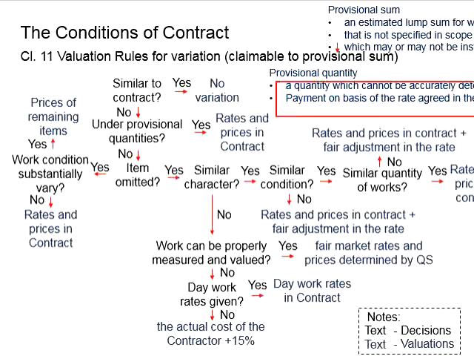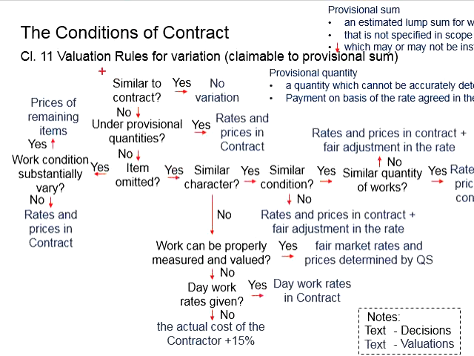The payment should be on the basis of the rates agreed in the contract, multiplied with the total quantity which is actually executed. If the relevant work is of the nature of the provisional quantities, that means there was a rate of payment as agreed between the contractors and the employer. Therefore, the relevant work will be paid on the basis of the rate as agreed between the two parties.